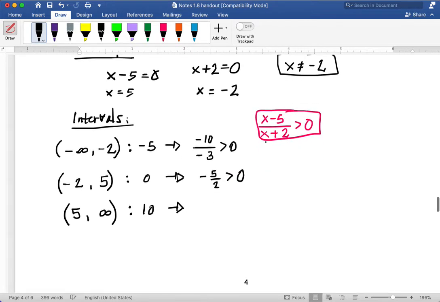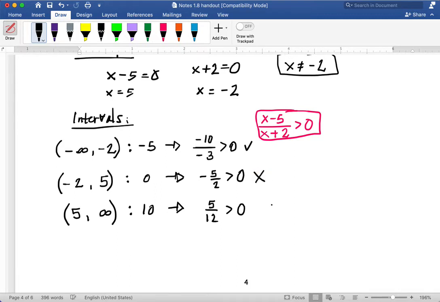We're going to substitute a 10 in. 10 minus 5 is 5. 10 plus 2 is 12. Greater than 0. Now, you might think you have to figure out what this is, but you really don't. -10 over -3 is a positive number. Is a positive number greater than 0? Yes, it is. This is a negative number greater than 0.